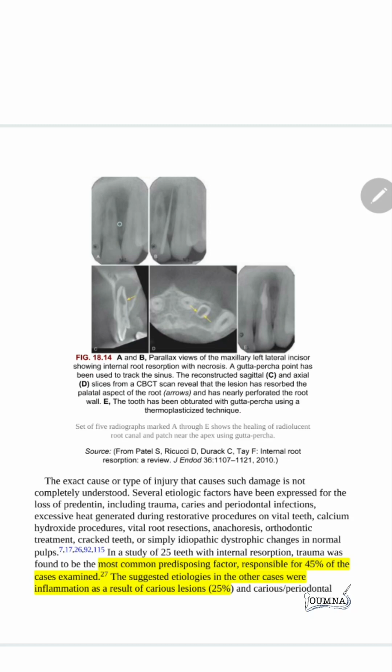So a root canal treatment is important to remove the necrotic tissue and to remove the intact pulp beneath, and to stop this resorption process. If left untreated, it will progress to make a periodontitis lesion.